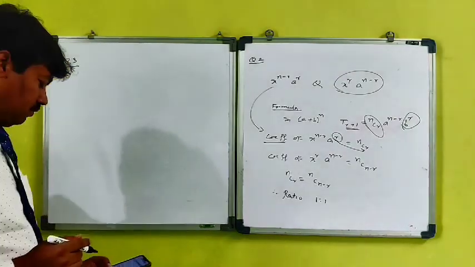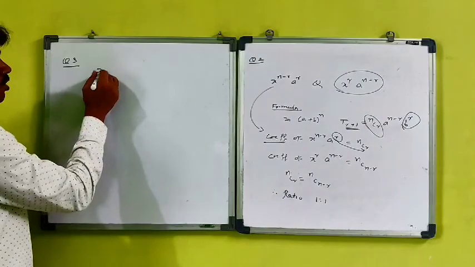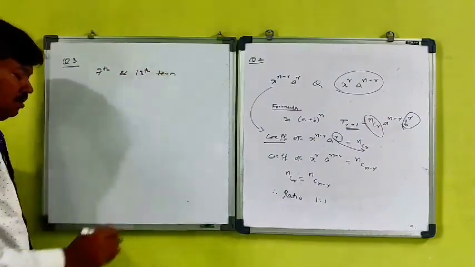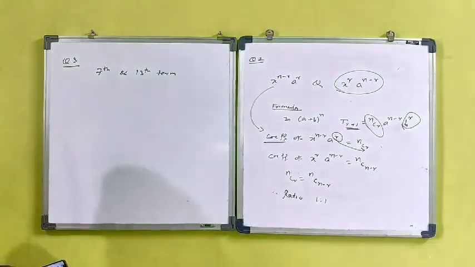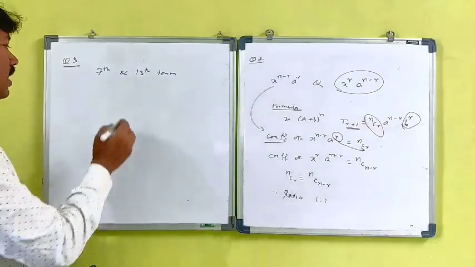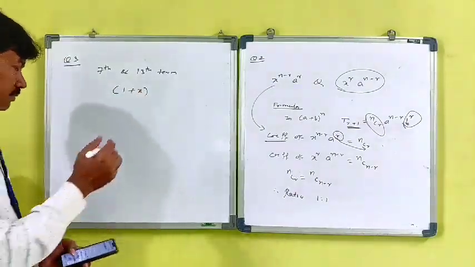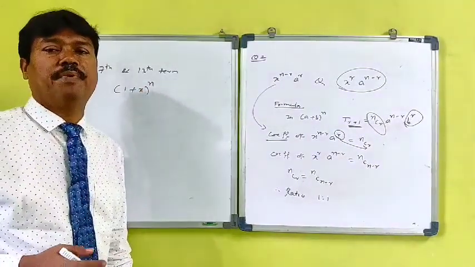Next question: the coefficients of the 7th and 13th terms in the binomial expansion of 1 plus x raised to n are equal. Then what is the value of n?